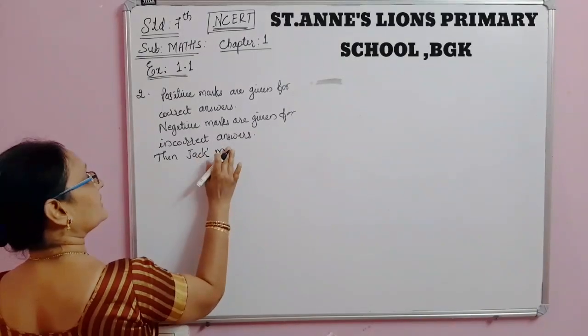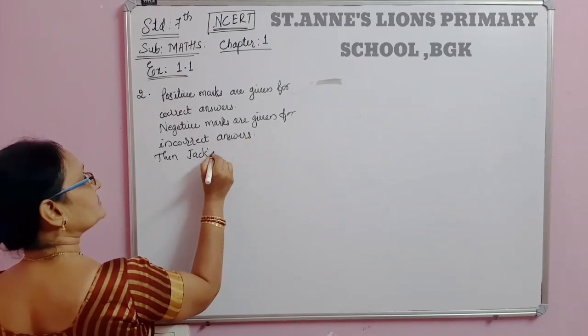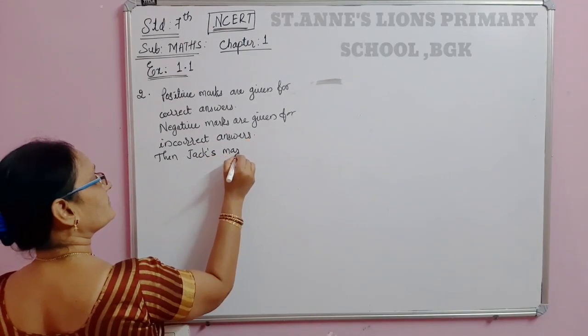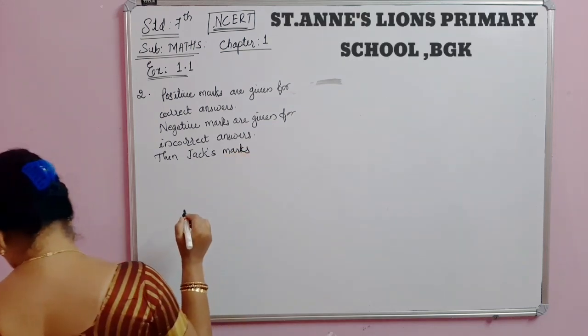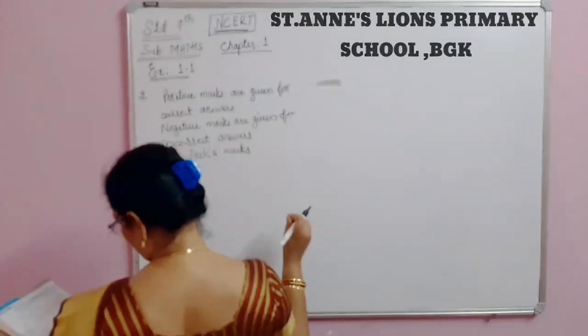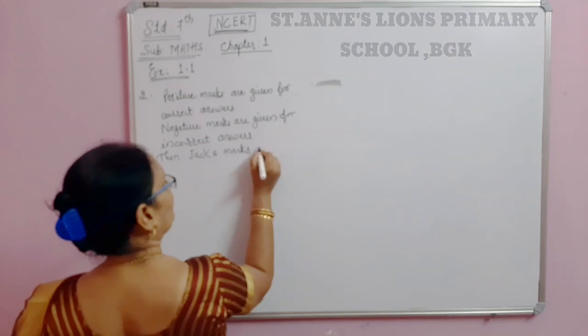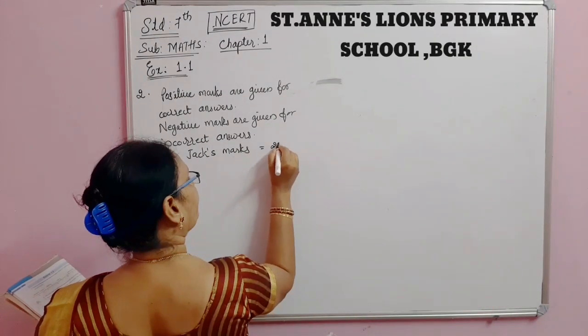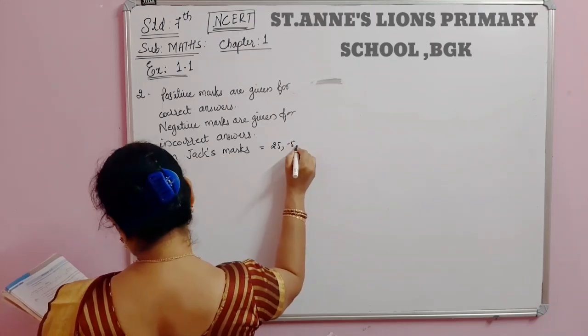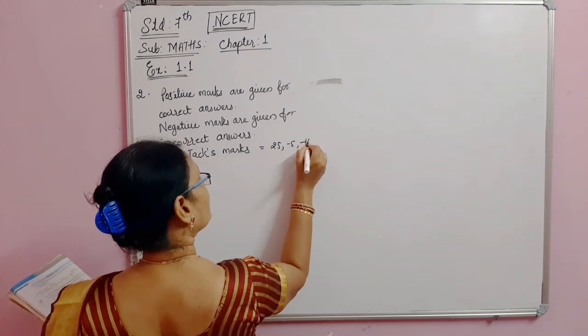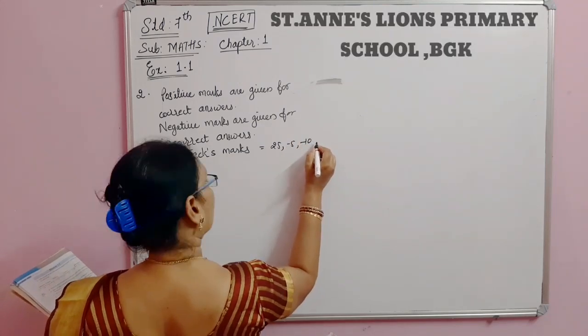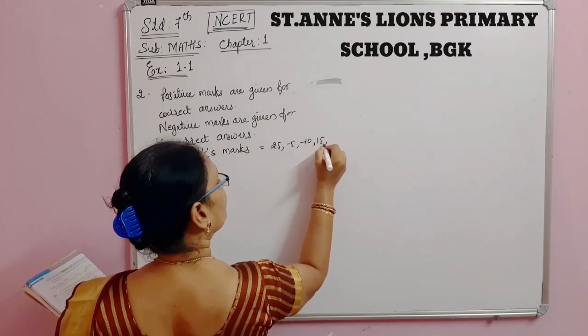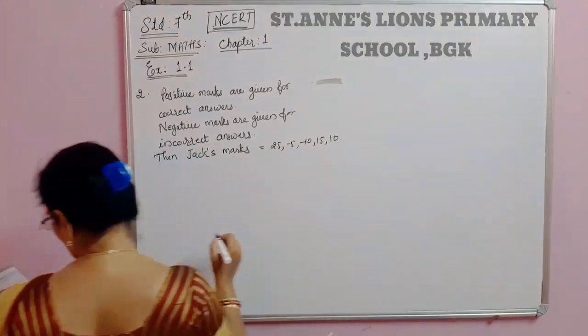Now, which are Jack's marks? 25, -5, -10, 15 and 10.